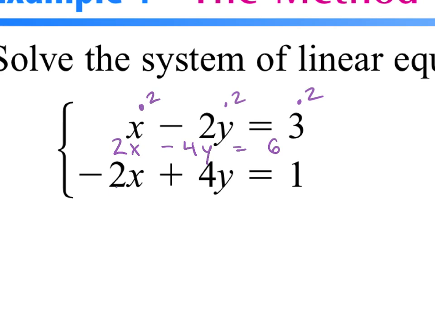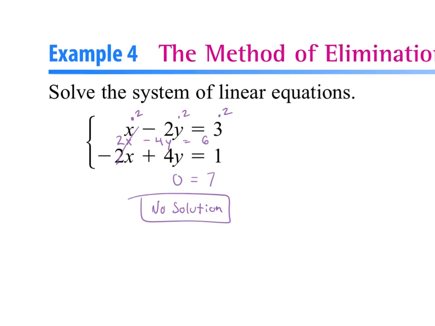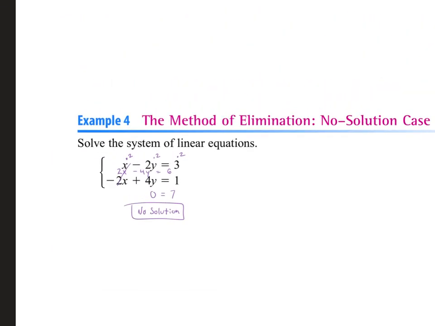Our x's cancel. What's negative 4y plus 4y? 0. What's 6 plus 1? Does 0 equal 7? So what's our answer? No solution. Any questions on this one?